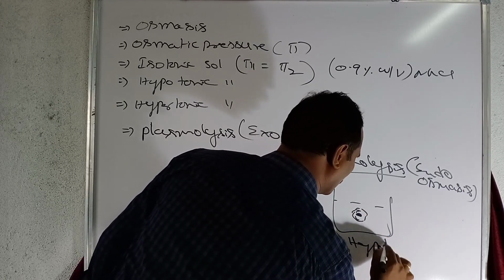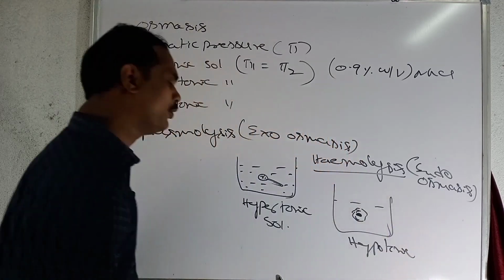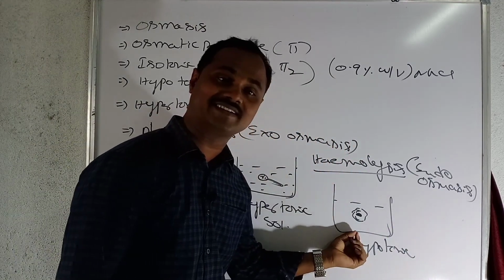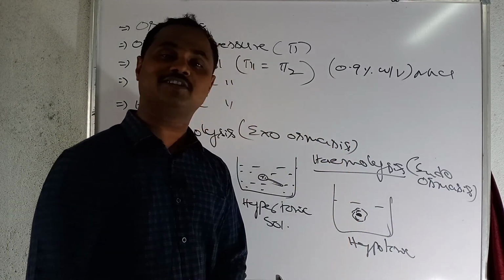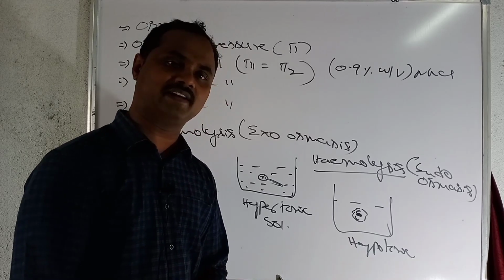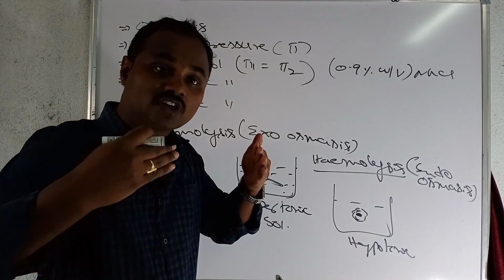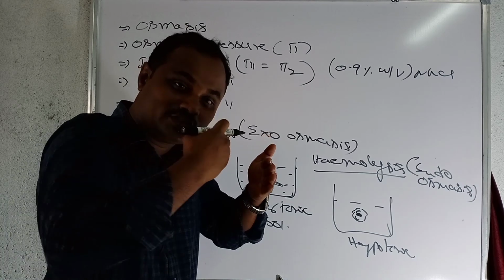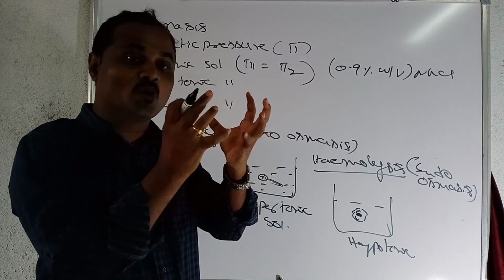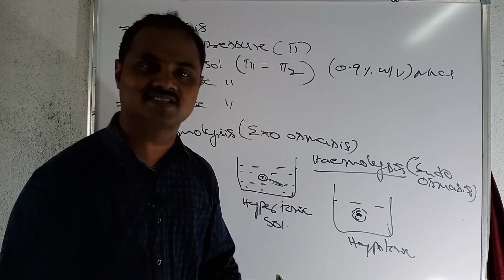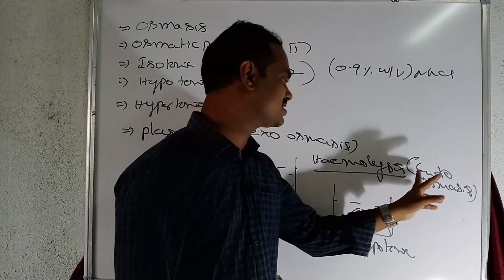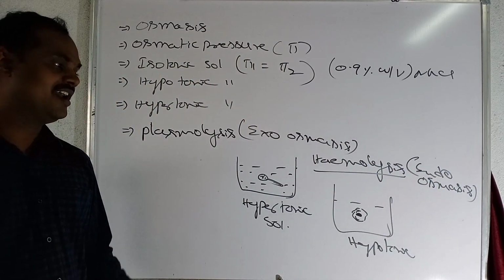Hypotonic solution means solution concentration is less as compared to the plant cell. Then what will happen here? Solvent molecules flow into the cell, size slowly increases, the cell swells and bursts. This we call hemolysis.